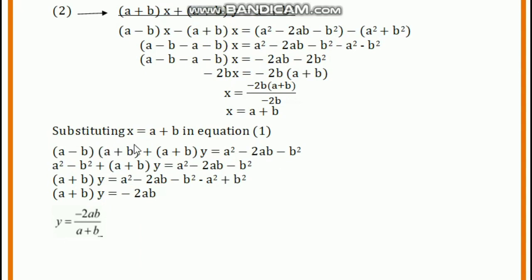Substitute x value a plus b, plus (a plus b)y equal to a square minus 2ab minus b square. Okay, then (a minus b) into (a plus b), you know the identity. So the identity is a square minus b square plus (a plus b) into y equal to a square minus 2ab minus b square.